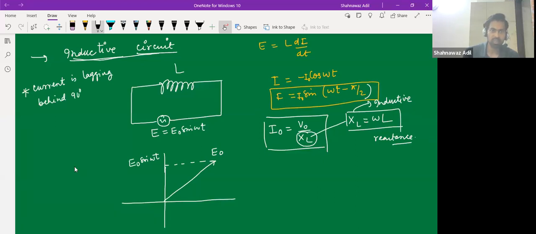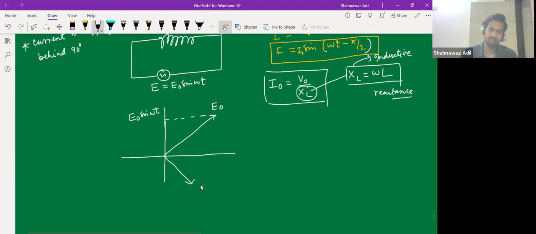So this was the result of this phasor diagram. So we have to make a 90-degree lag. So in here, this is the current, and this is I naught, and this is omega t. When we drop down this, this is I, which is I naught sine omega t minus pi by 2.